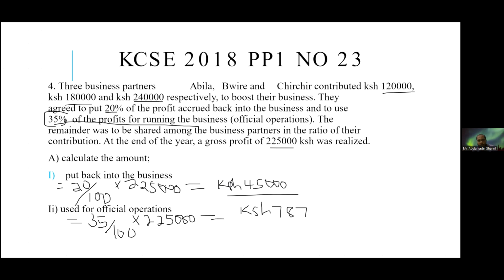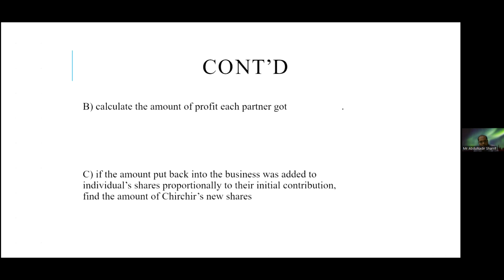So for question B, we've been told calculate the amount of profit each partner got. But for that, we need to find out the ratio, okay? The ratio of their contributions. So how do we find out the ratio for the contribution? So we look at the amounts of contribution.